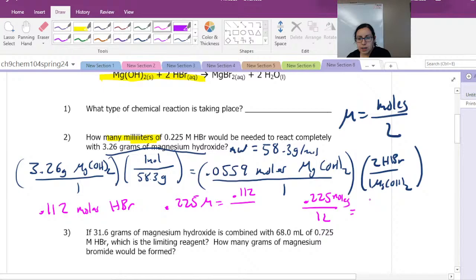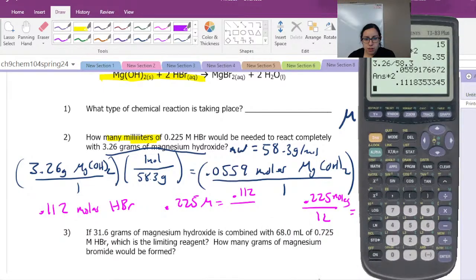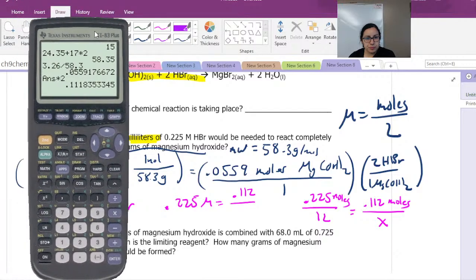So then we're saying, well, I need 0.112 moles. So how much do I need? It's the same thing, it's just which is easier for your brain. Now we can cross multiply: 0.112 divided by 0.225.